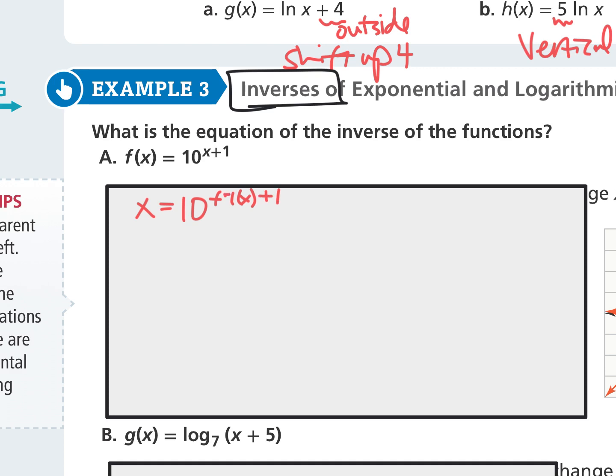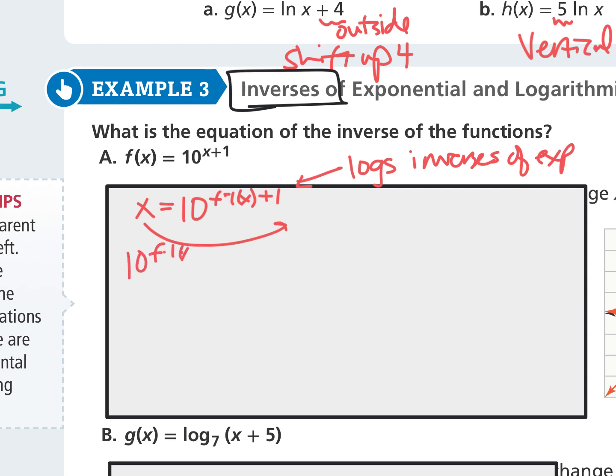I see that the inverse is stuck up at the top, so the first thing I'm going to do, remember that logs are going to be inverses of exponents. And just like I said in the first problem that I did, I'm going to move this x to the other side or rewrite this. So this is going to be 10 to the inverse plus 1.